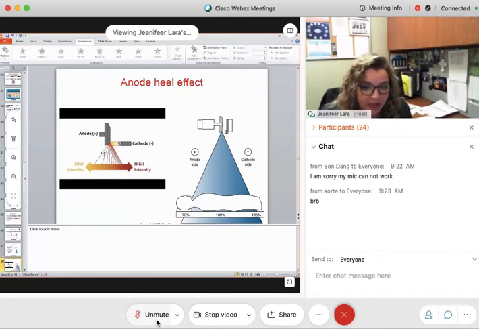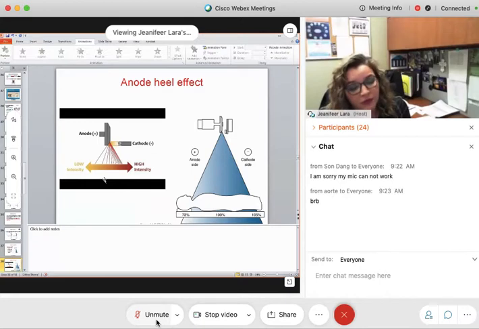But this side of the exit is going to have fewer X-rays than this side. This is called the anode heel effect because the heel of the anode absorbs the intensity of the X-ray beam. So we use it to our advantage.